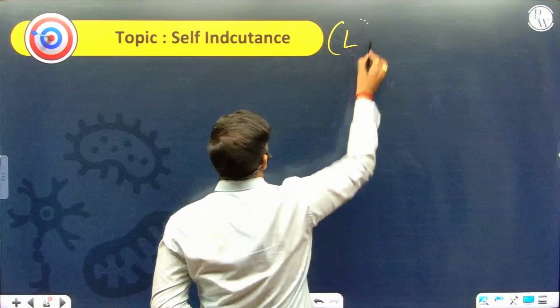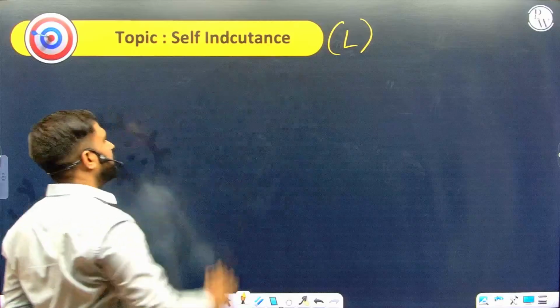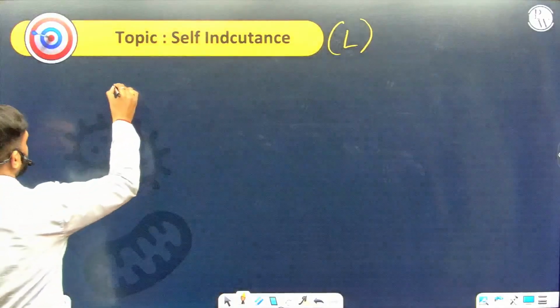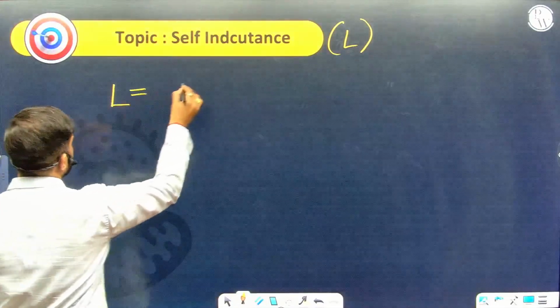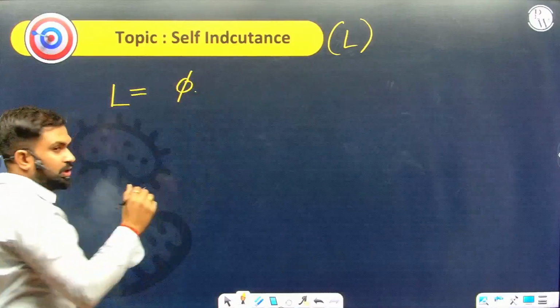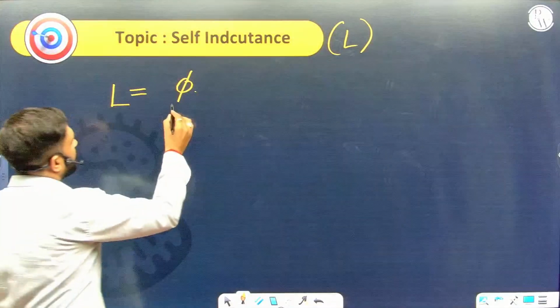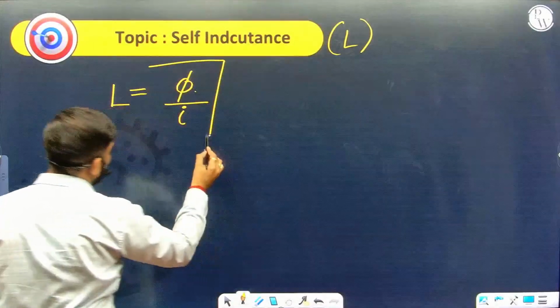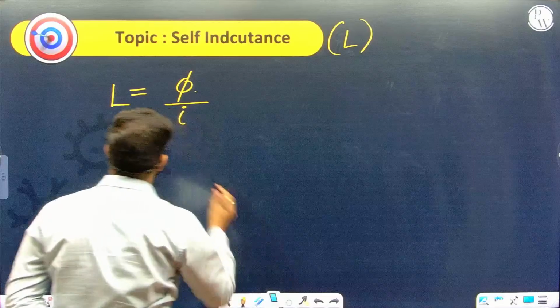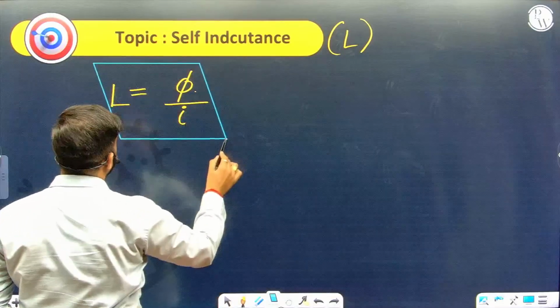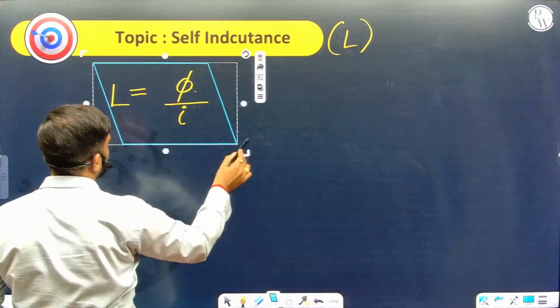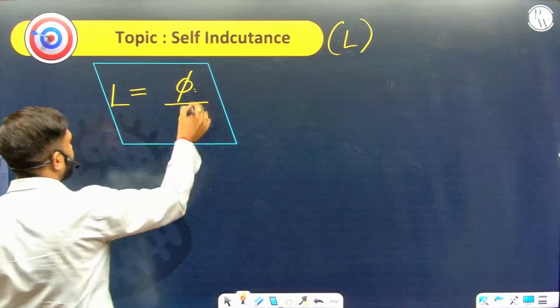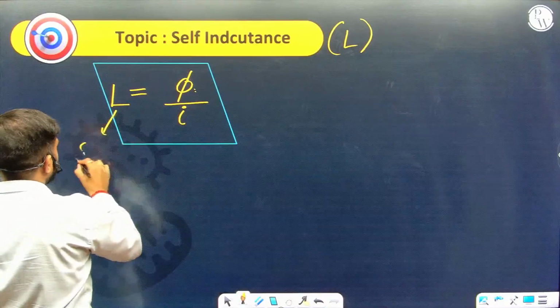We write it as L. Just inductance is also fine, or self-inductance. We define the self-inductance as phi through the loop by the current. So if current I is flowing through this coil, and it produces phi flux, then the flux divided by I is the self-inductance.